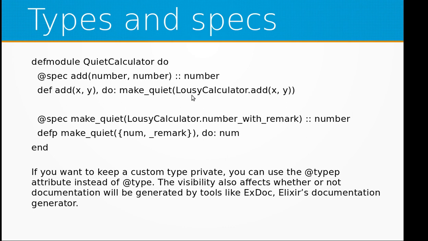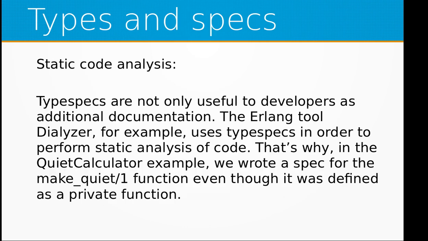So if you want to keep a custom type private, you can use the @typep attribute instead of @type. So you just add p in front of type and you make the custom type private. The visibility also affects whether or not documentation will be generated by tools like ExDoc, Elixir's documentation generator.